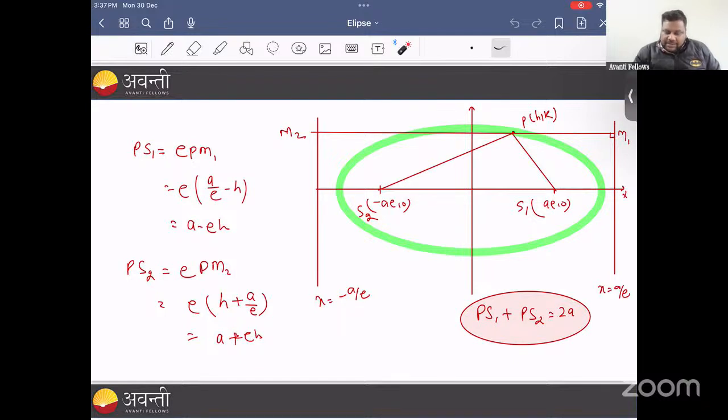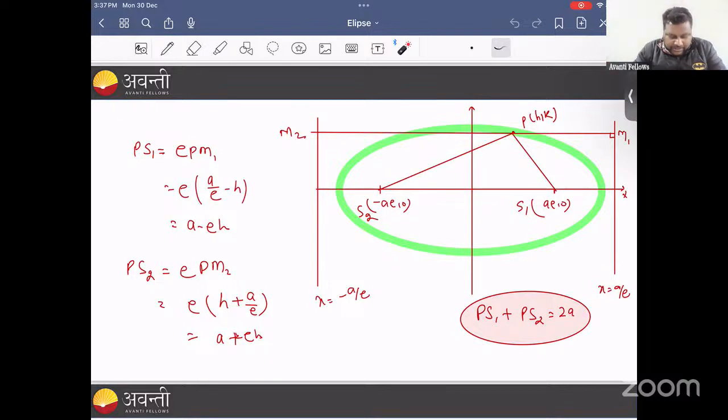So PS1 is E times PM1, and PM1, if you see in the diagram, is the total A upon E, the distance between the y-axis and the directrix, minus H. A upon E minus H. So PS1 is E times (A upon E minus H), that is A minus EH.